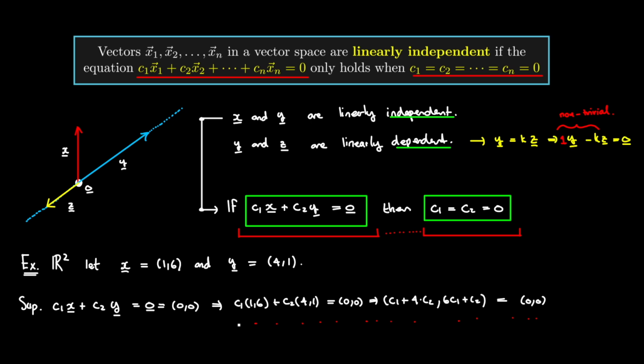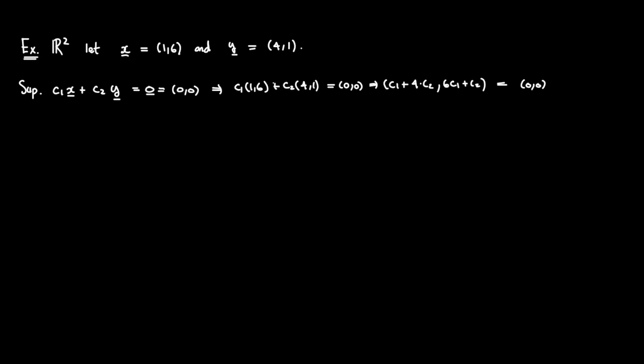Now this is just going to give us a linear system of equations. Let's see what that linear system is. It is obtained by equating the components. This component here must be equal to 0, and likewise this component here must also be equal to 0, of course.